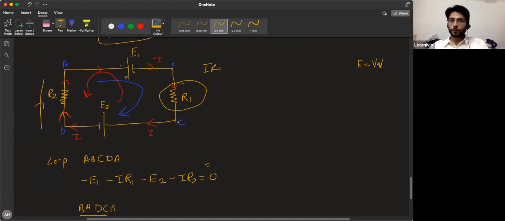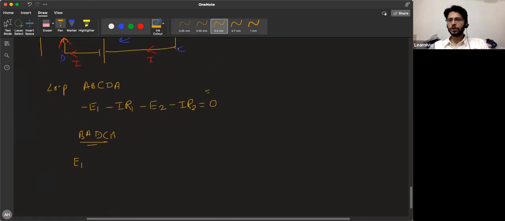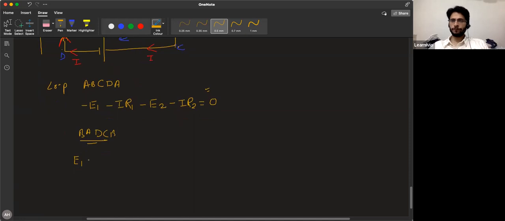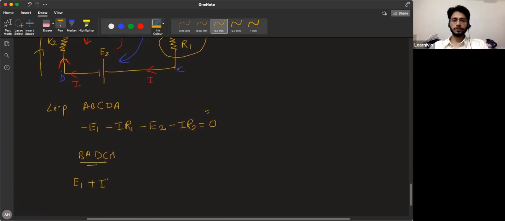Yeah, we are going from B to A and then from A to D, and current is going upwards. So we're going in a direction opposite to that of current. So should the voltage be positive or negative? Positive. Positive, very good. It's IR2. Good. Let's come to this cell and let's ask someone else to do the rest of the calculation.